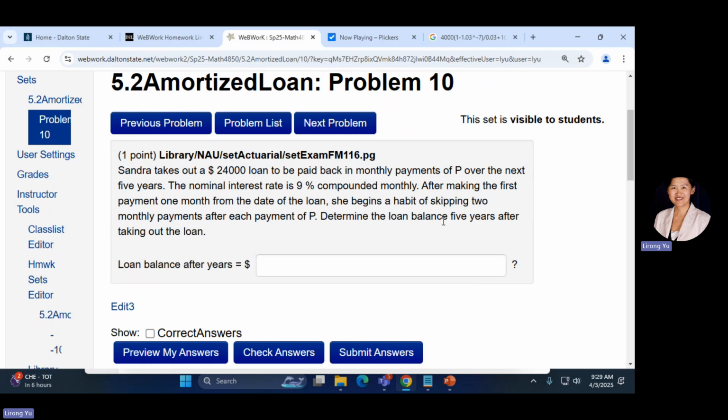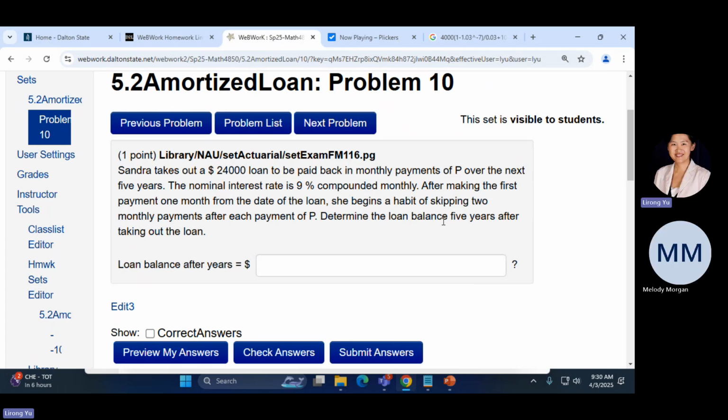So we'll find out the total accumulated value that she paid off to find the final value of it at time 60, together with the original loan of 24,000. If we put in the interest to find out the total value of the 24,000 at time 5, 5 years later, subtract the 2 and that will give us the total balance, right?